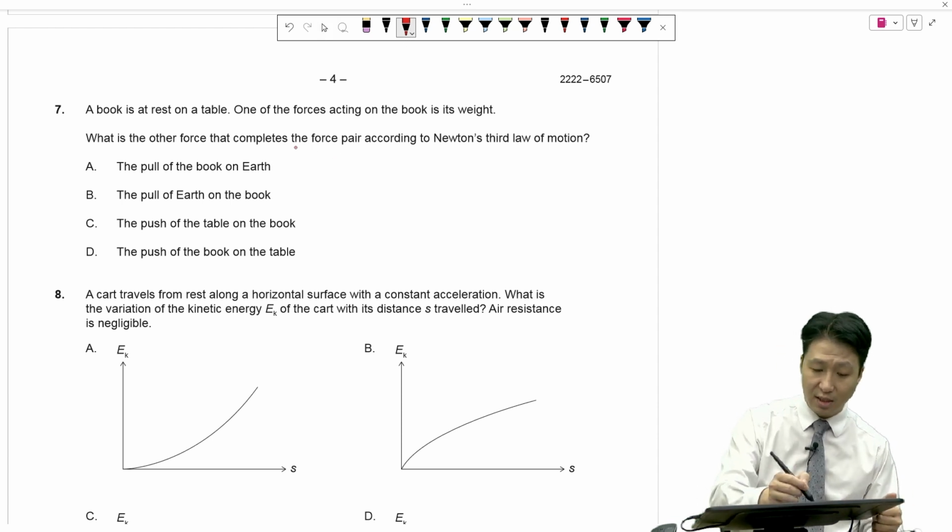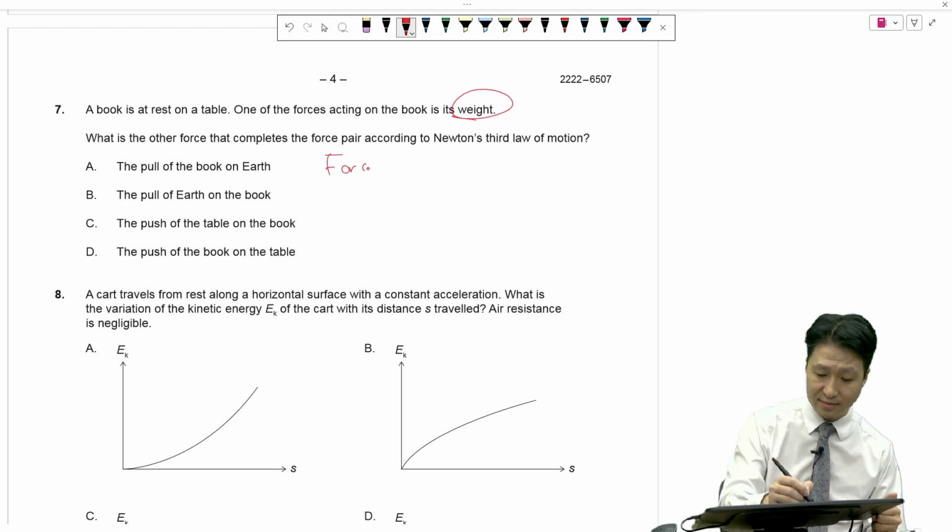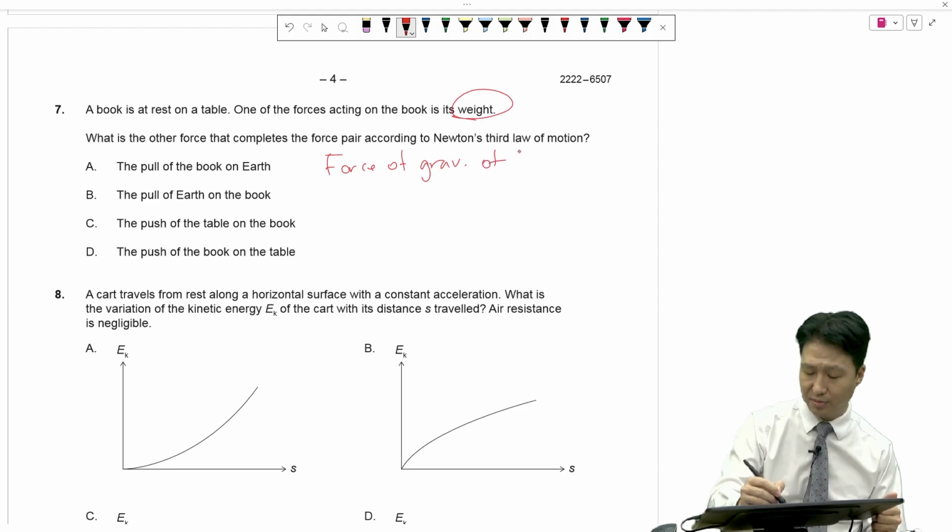And the easy way to get this is you write down the sentence. What is the force of the weight on the book, right? Well, this is the force of gravity of the earth on the book.